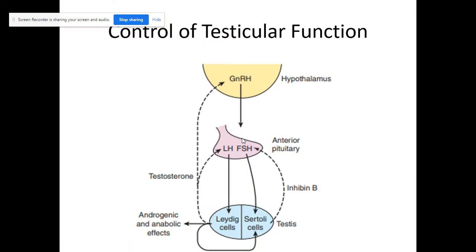Here, FSH is tropic for Sertoli cells, and follicle-stimulating hormone and androgens maintain the gametogenic function of the testis. FSH also stimulates the secretion of ABP and inhibin, and inhibin feeds back to inhibit FSH secretion.